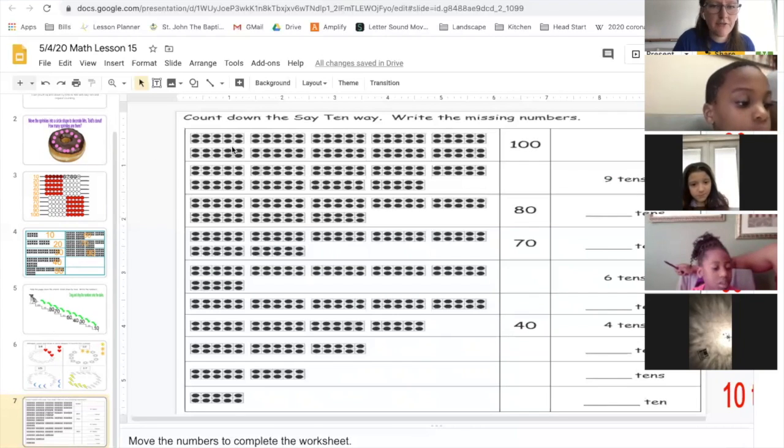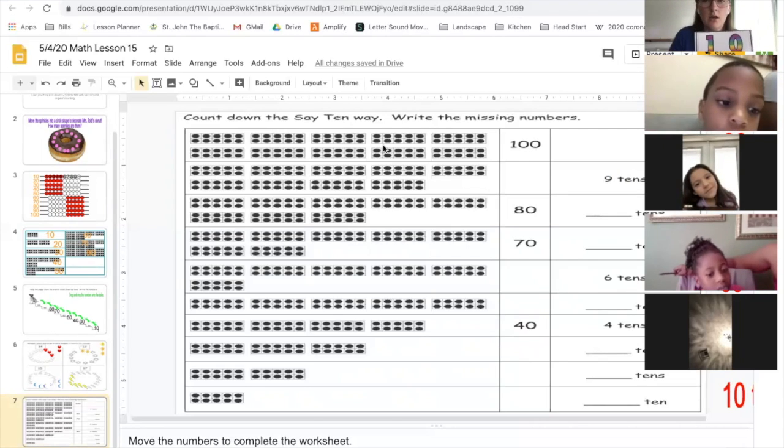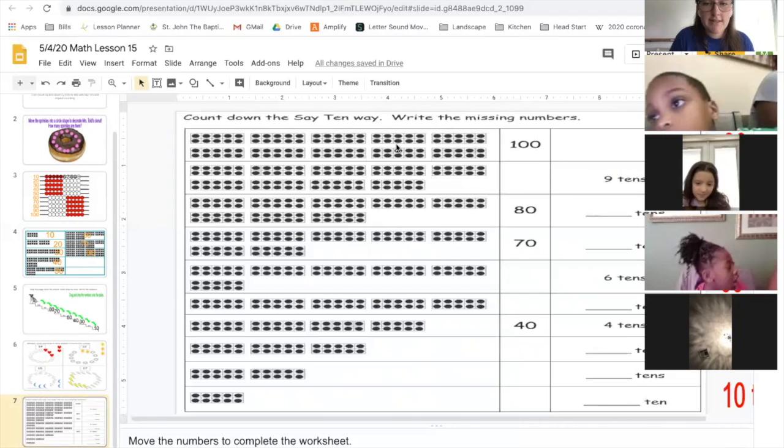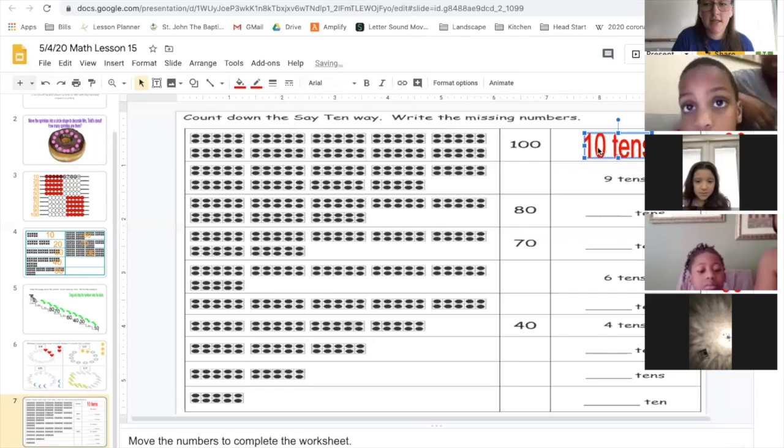So how many 10 frames are there? There are 10 frames. So 10 tens. We say that the 10 way as 10 tens. So I'm going to move this up here because it says 10 tens.